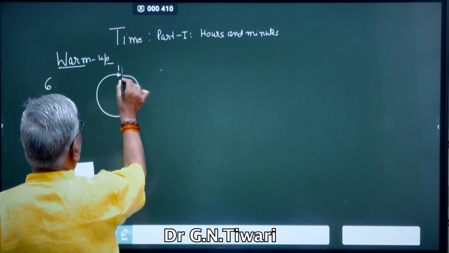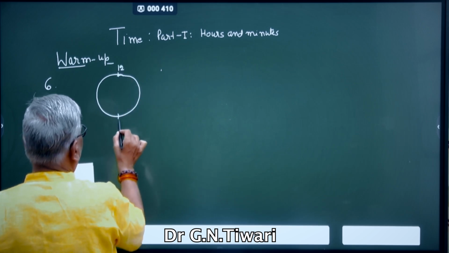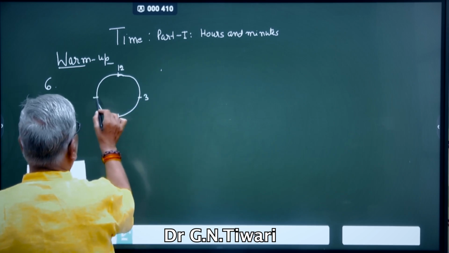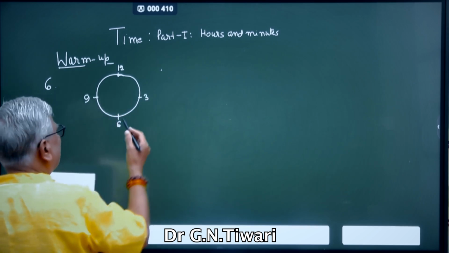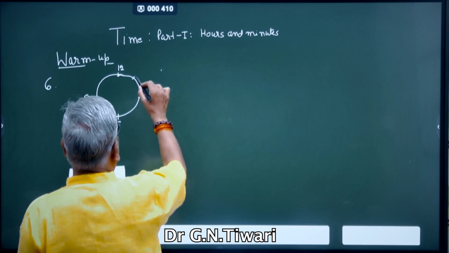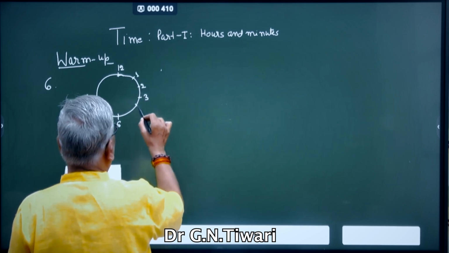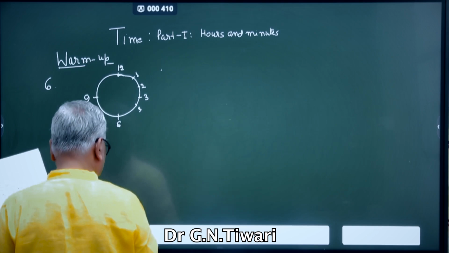Here 12, here 6, here 3, and here 9. And then we can divide it: 1, 2, 3, 4.